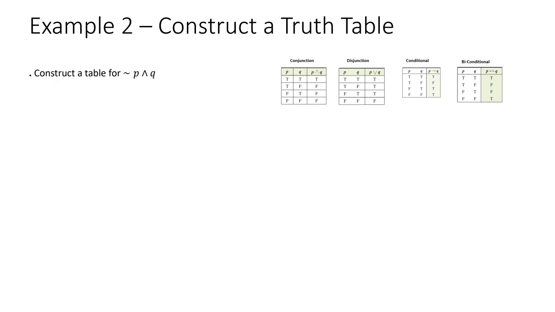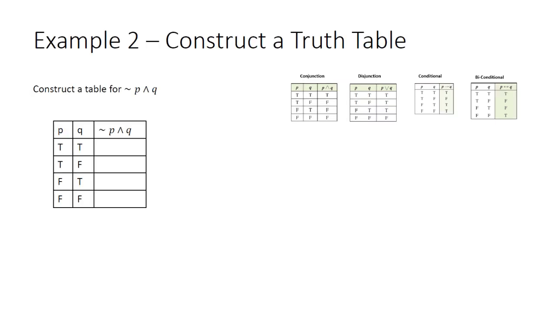There are also techniques to help you memorize them. As you noticed, I was indicating the patterns before. So right now it says construct a table for NOT P and Q. Let me jump into the table.